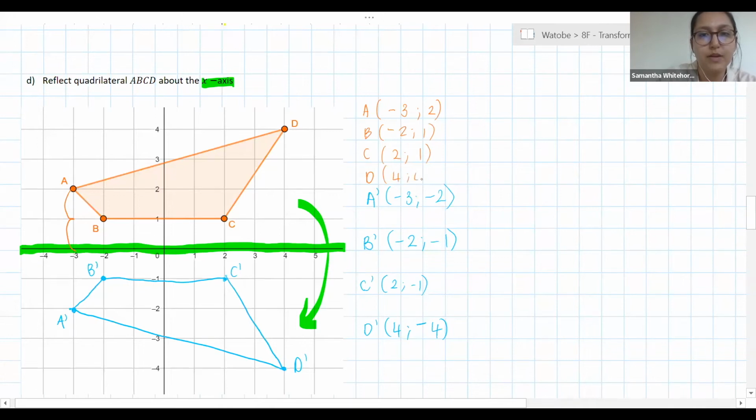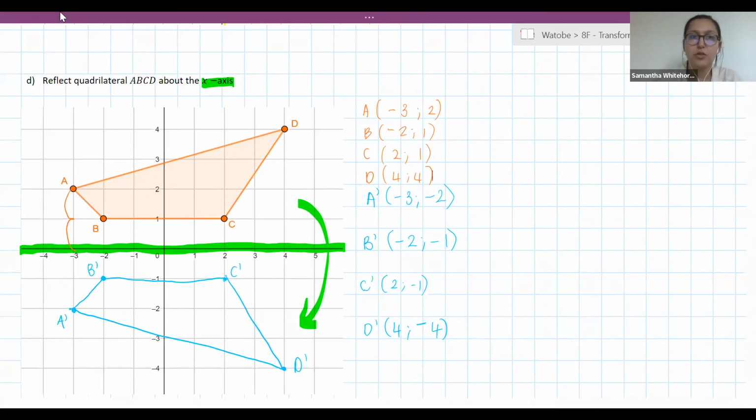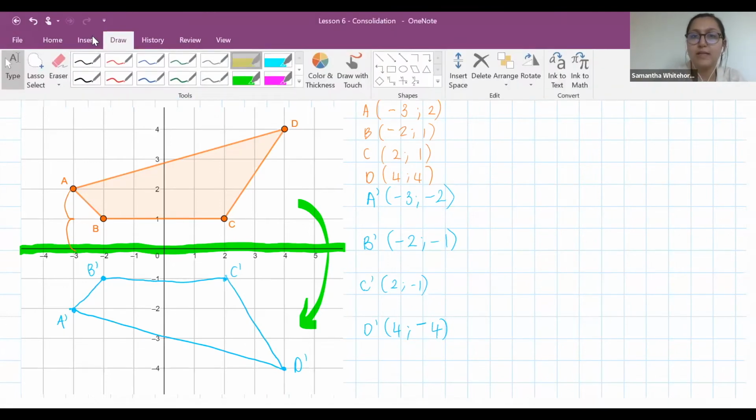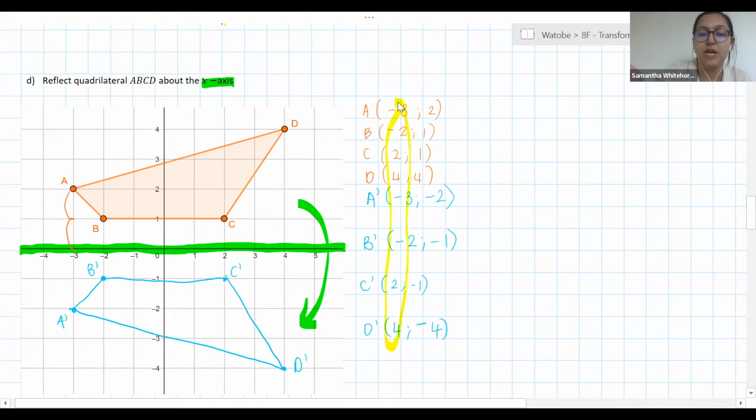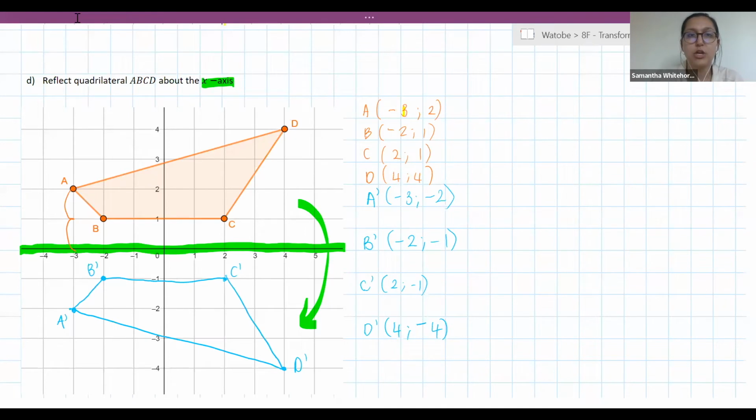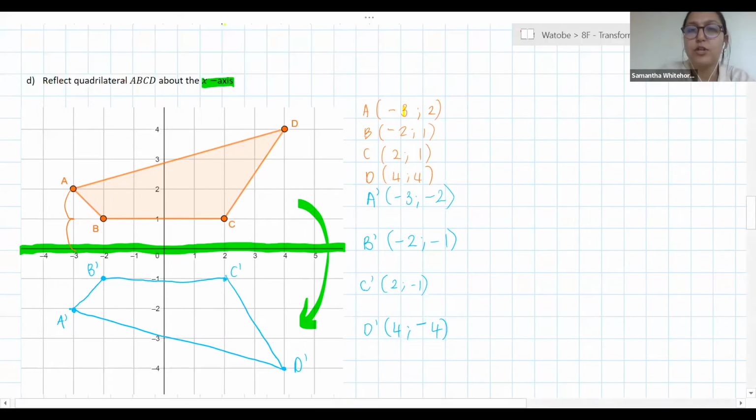If I have a look at all of my x coordinates, all of the first coordinates, they are exactly the same. They haven't changed. But what has changed are all of my y coordinates. The original y coordinate for A was +2. When I reflected, it became -2. The original y coordinate of B was +1.